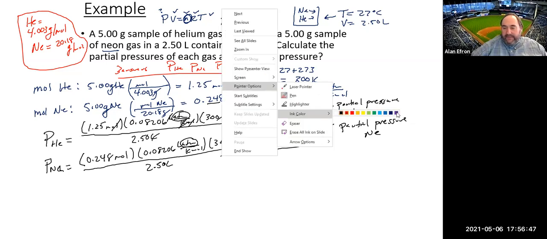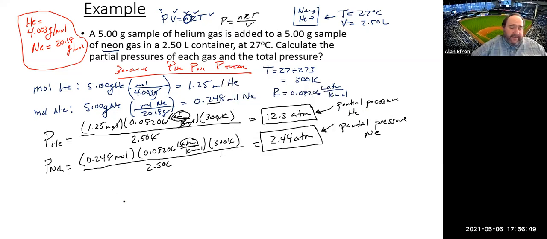All right, the last thing we're looking for is the total pressure. The total pressure, in our little picture here, is made up of helium bouncing around and causing collisions and neon bouncing around and causing collisions. So it is made up of the partial pressure of helium plus the partial pressure of neon.